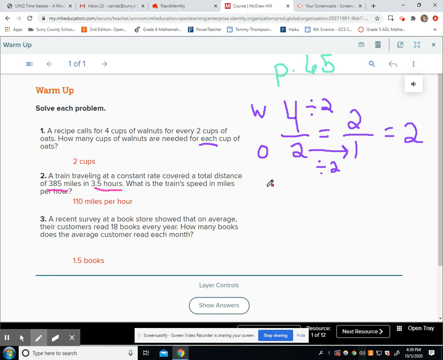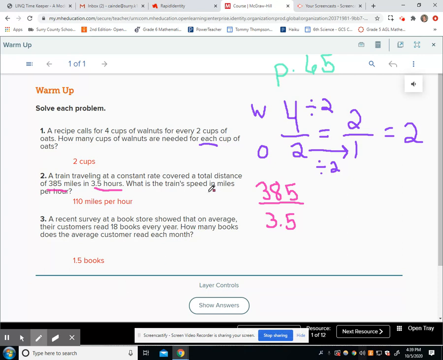A good strategy to use, especially in word problems in math, is you can underline or highlight some key words. So I know that 385 is an important number. That train travels 385 miles in 3.5 hours. 3.5 is the same as 3.5 hours.